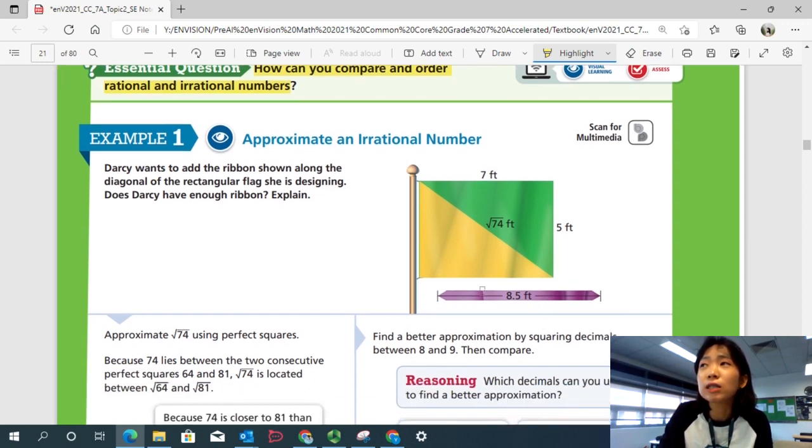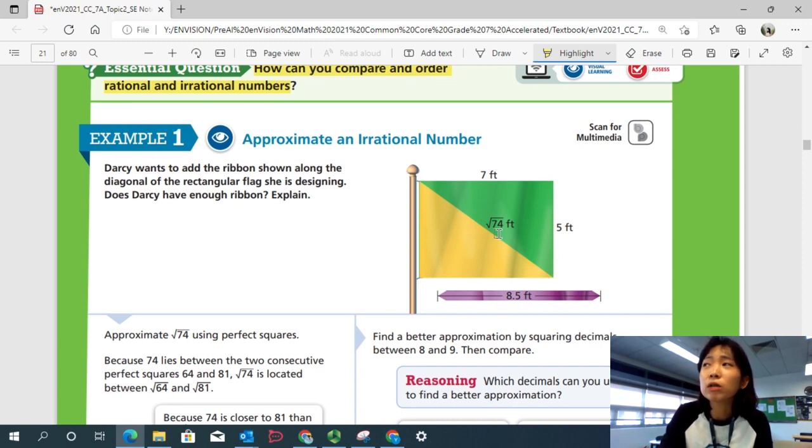All right. So she's going to design this flag. She has this ribbon. She's going to add this along the diagonal here. Does she have enough ribbon? So is it enough to cover the hypotenuse of this triangle, which is square root of 74?